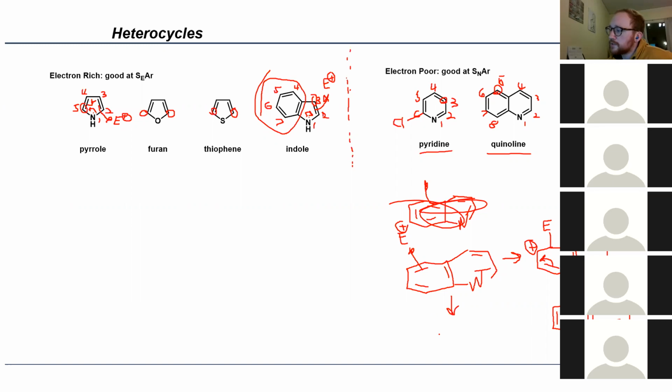Now at C6 substitution, we have a positive charge here. And the only resonance structures available to it are those that break aromaticity of the quinoline ring.